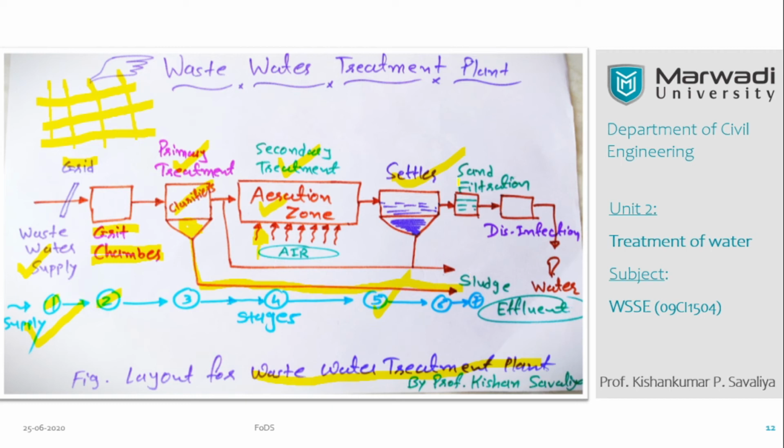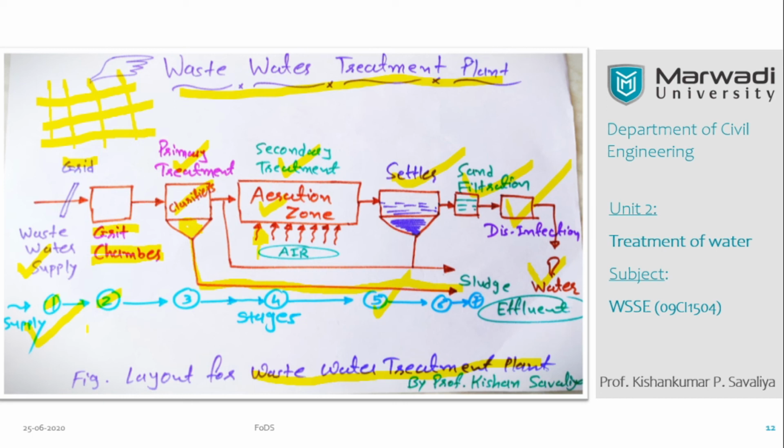Then, similarly to the drinking water treatment plant, we go for the sand filtration, then the disinfection procedure, and finally we get the treated water. This is how a wastewater treatment plant works, and I hope you are getting the idea why we are learning this treatment of the plant: in some cases we are not getting pure water to drink or treated water to discharge in the river.